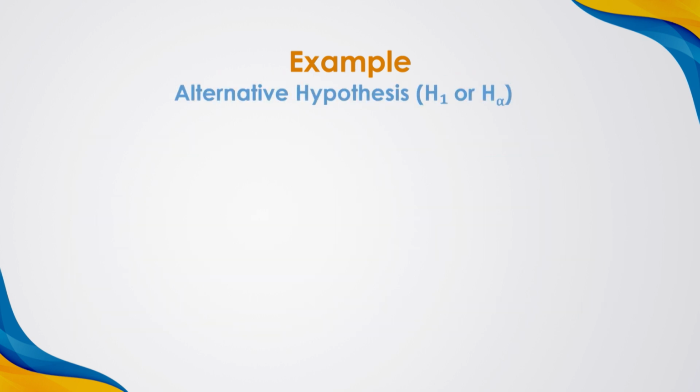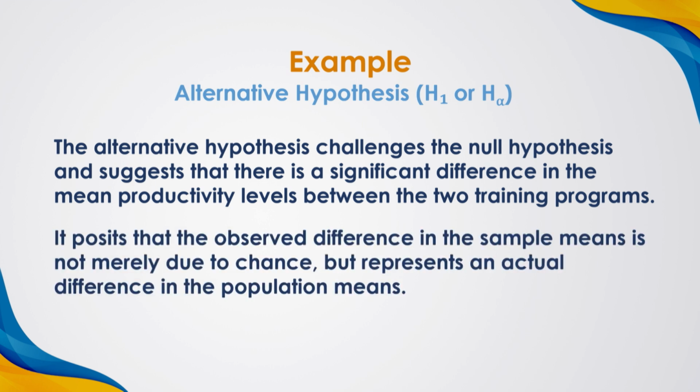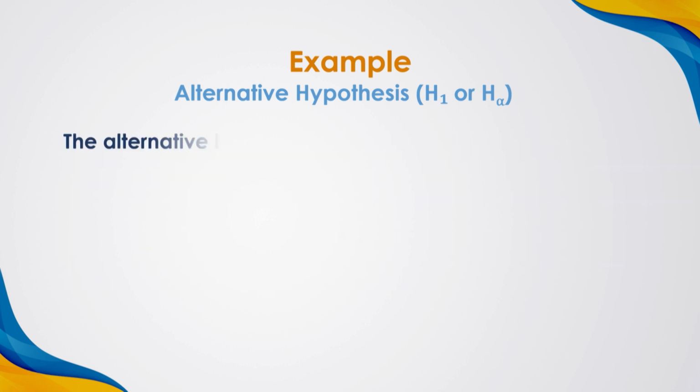We can define alternative hypothesis for this example. The alternative hypothesis challenges the null hypothesis and suggests that there is a significant difference in the mean productivity levels between the two training programs. It posits that the observed difference in the sample means is not merely due to chance, but represents an actual difference in the population means.